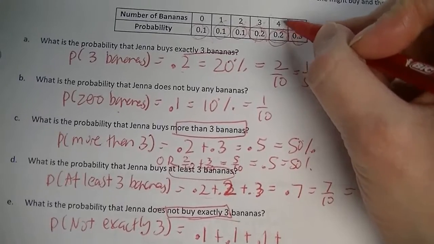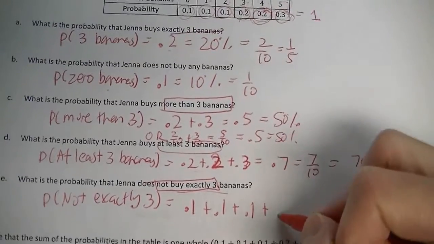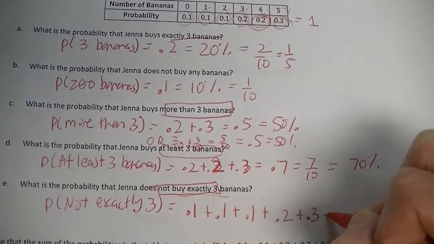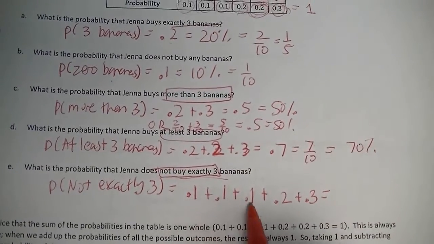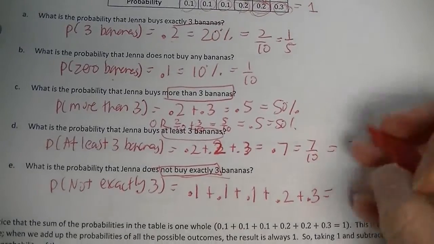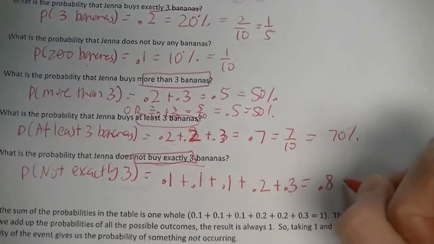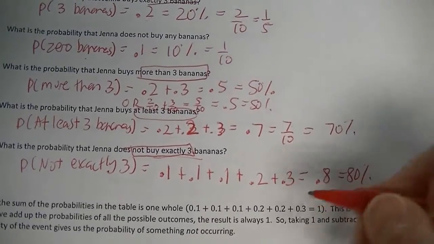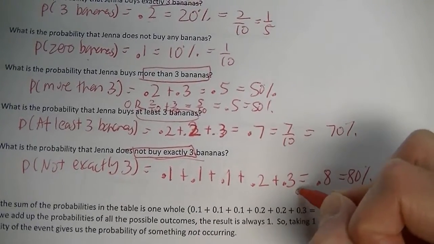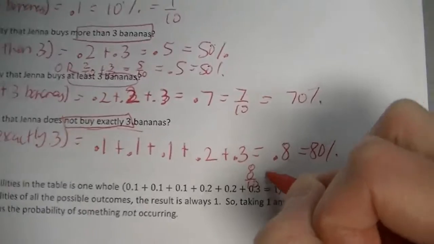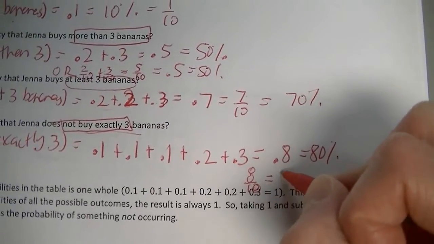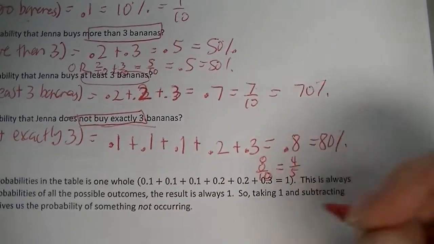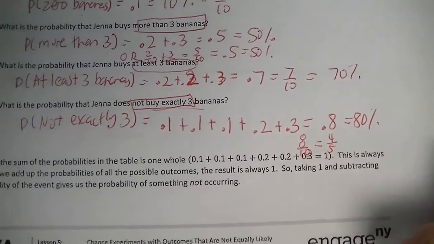Yep, include you. Yep, include you. So when you add 1/10 plus 1/10 plus 1/10 plus 2/10 plus 3/10, you should get 8/10. That's 80% as a percentage. Or as a fraction, 8/10 simplifies by dividing by 2 to 4/5. 4 divided by 5 is 0.8. It all works out. These are all acceptable.